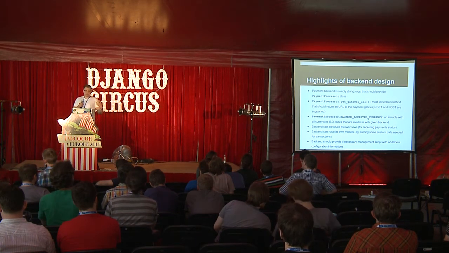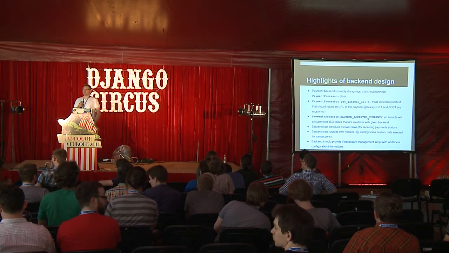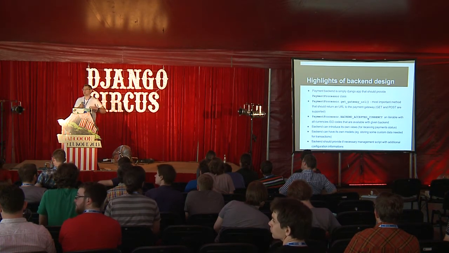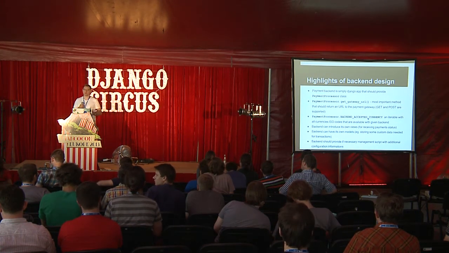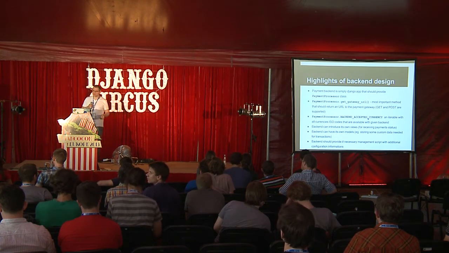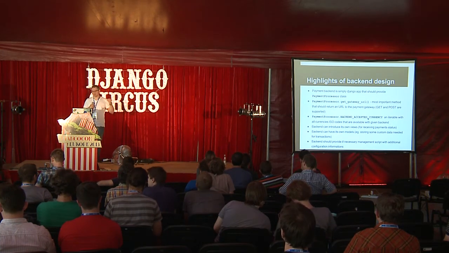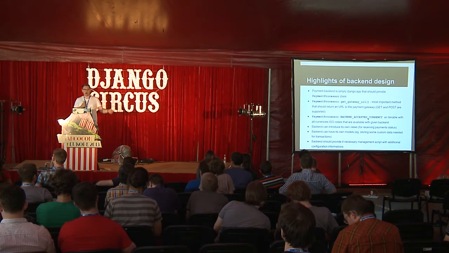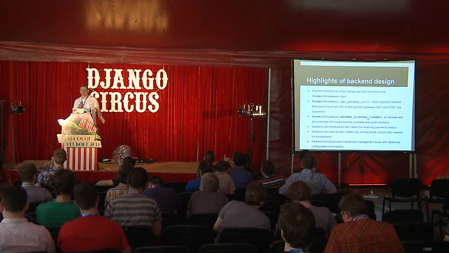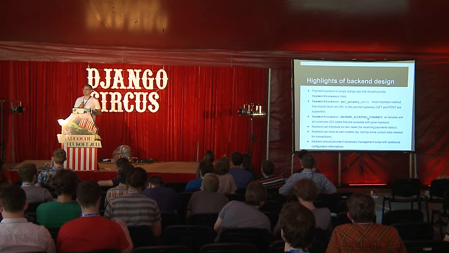Then it's about what is custom in the payment broker itself. It can define its own views, Celery tasks, its own URLs, everything it needs, because this is very custom and hard to determine.